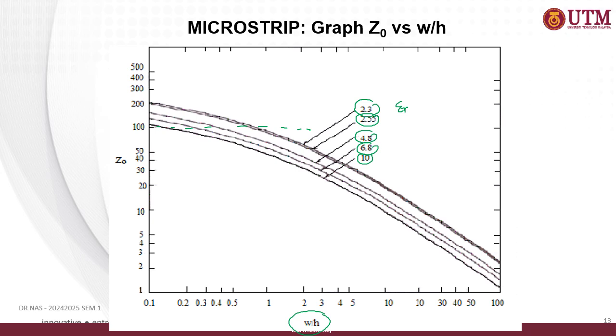For example, if the substrate material used is 2.3 and Z0 equals 100, this is the line for 2.3 crossing there. So you can get the ratio of W over H is about 0.9 something.